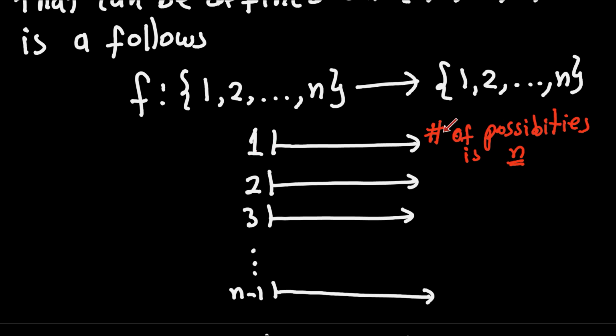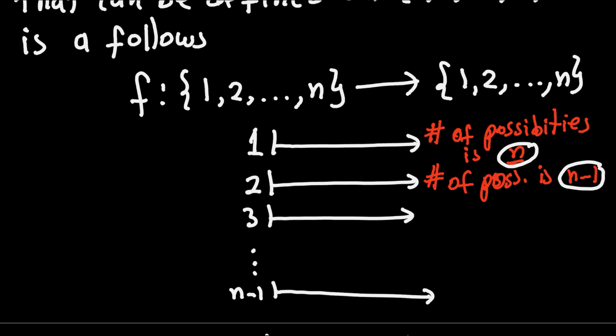I had n choices here for 1, but for 2, I will have n minus 1, because once I choose this one, it is going to leave me fewer choices. So the number of possibilities here is n minus 1.